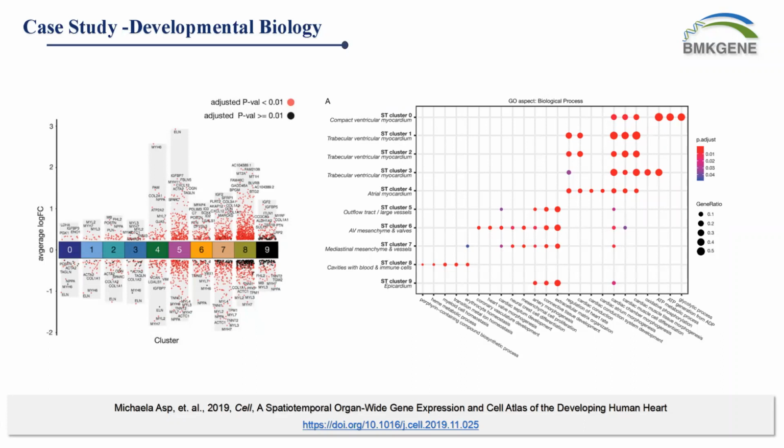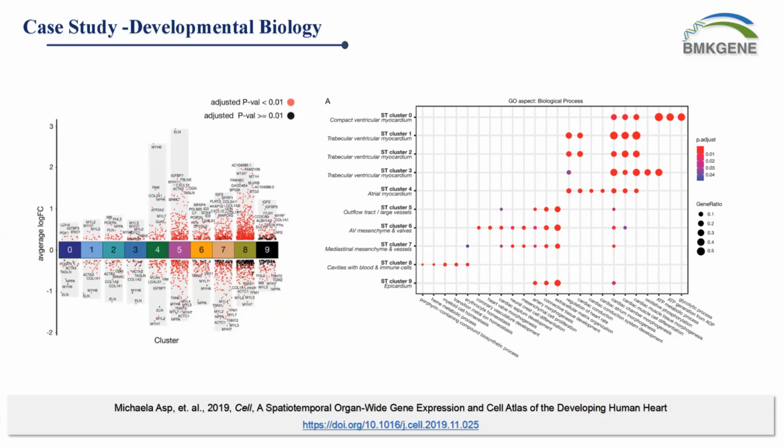And as you can see, from cluster 0 to cluster 4, those myocardium related tissues or spots shared this process of cardiac muscle growth or cell differentiation. And you can see for this compact ventricular myocardium, there is a strong enrichment in the basic metabolism pathways.